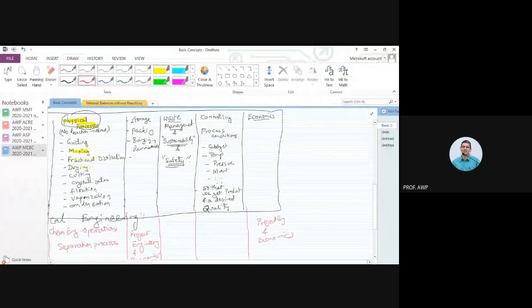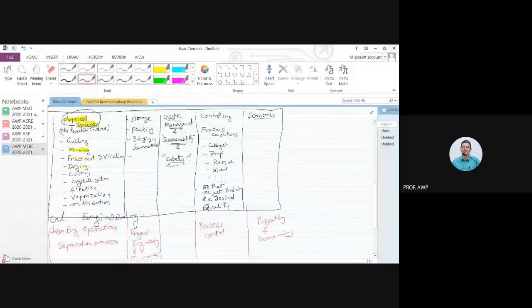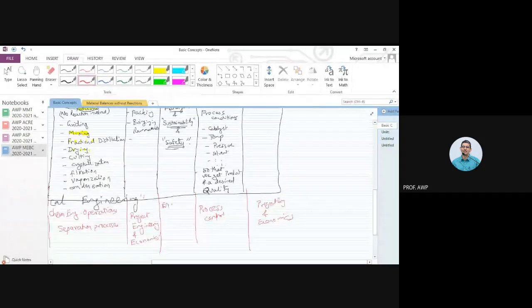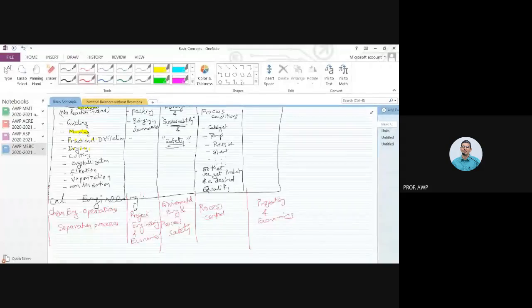Controlling process condition, there is a course called process control, semester 6. Waste management, safety, sustainability, there is a course called environmental engineering and process safety, semester 6, right?